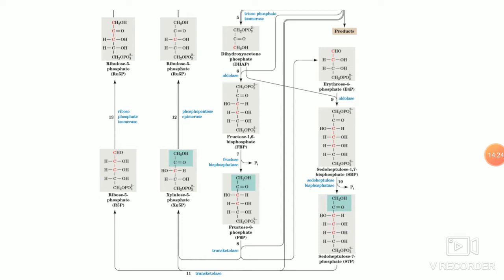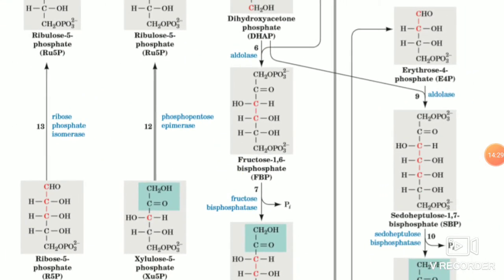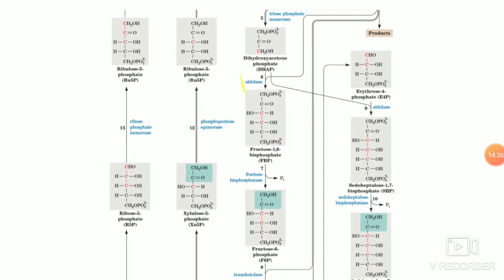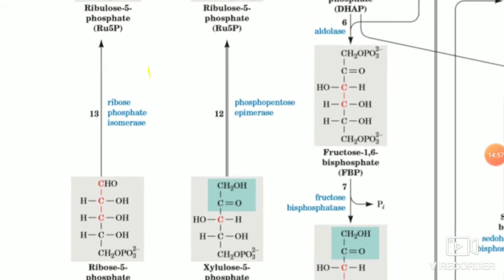Now this xylulose 5-phosphate is converted to ribulose 5-phosphate by the enzyme phosphopentose epimerase, where you can see the difference here is the reversion, or the change of position, of the OH group. And ribose 5-phosphate is converted to ribulose 5-phosphate by the enzyme ribose phosphate isomerase.